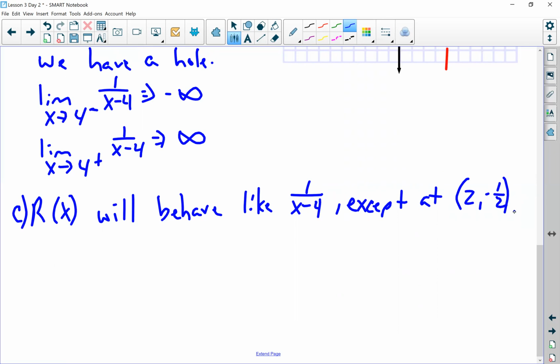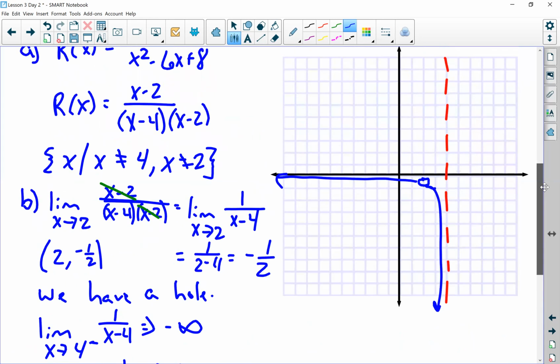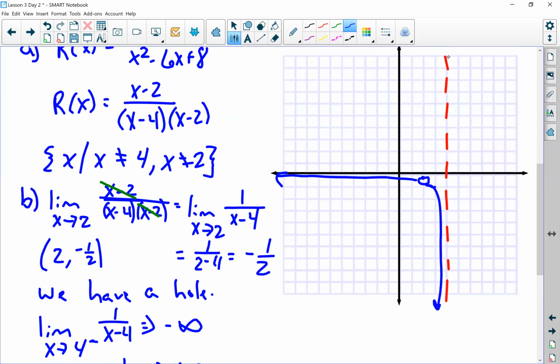So it behaves just like a reciprocal function, except for where that hole is. So what does that mean? That means our graph is going to go like this. And like this. Or roughly like that.